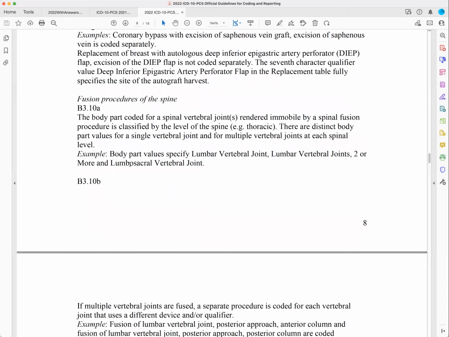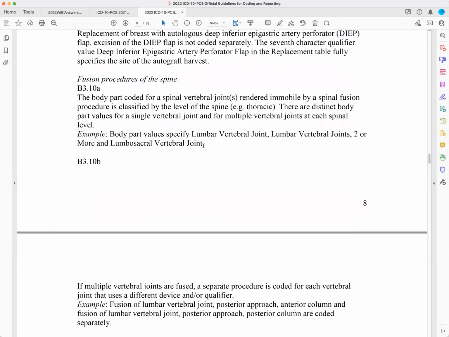So here's our example. The body part values, so when we say that, again, we're talking about in the PCS tables. The body part values specify lumbar vertebral joint, lumbar vertebral joints, 2 or more, and lumbosacral vertebral joints. So those are the different body part values.